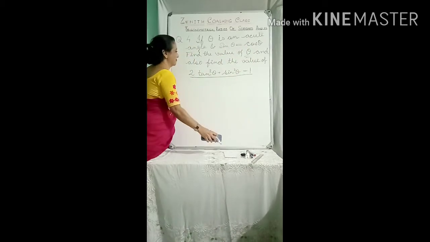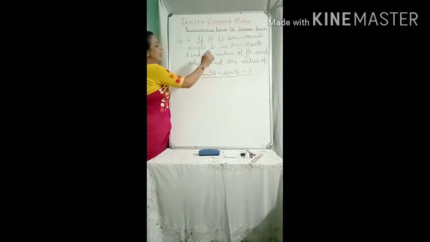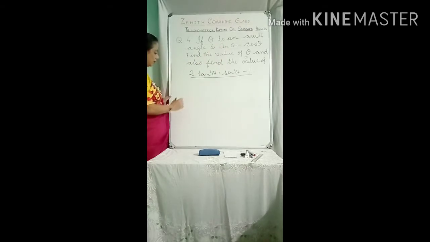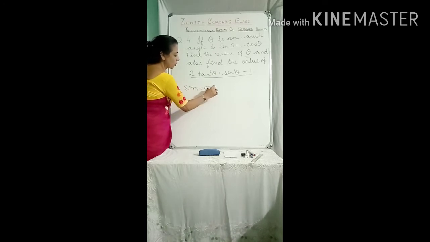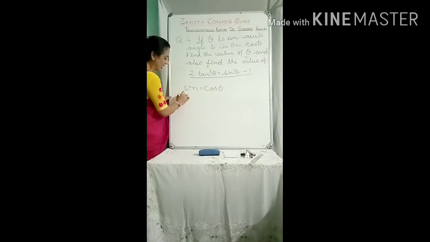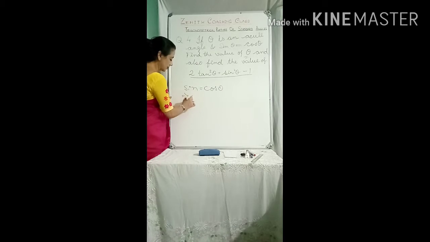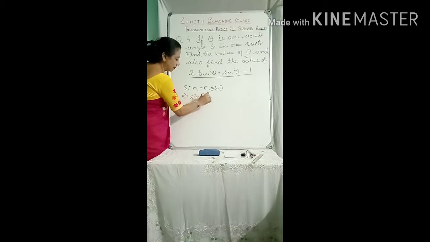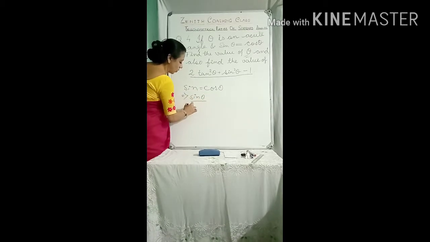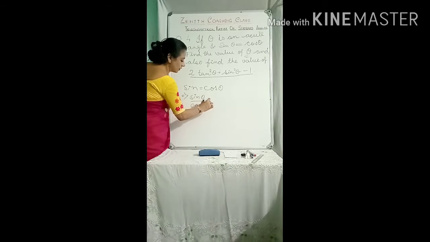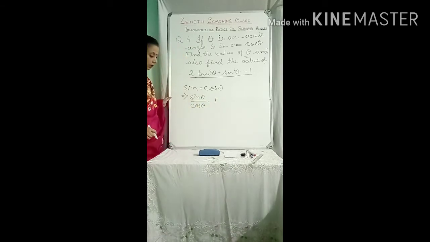You know sin theta equals cos theta. So that's the solution. Sin theta equals cos theta implies that sin theta by cos theta equals 1.